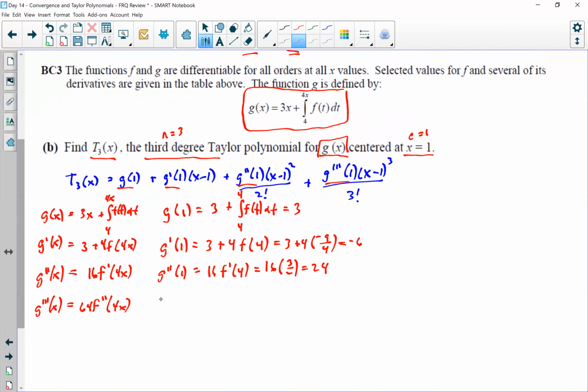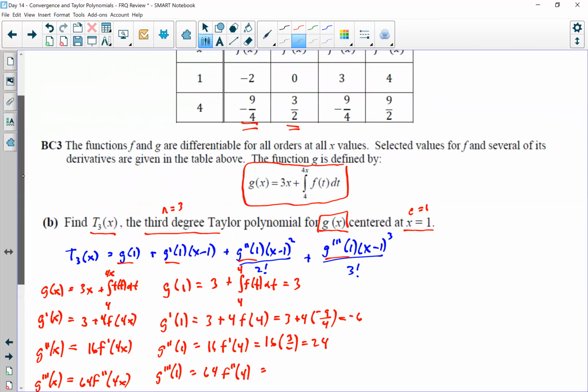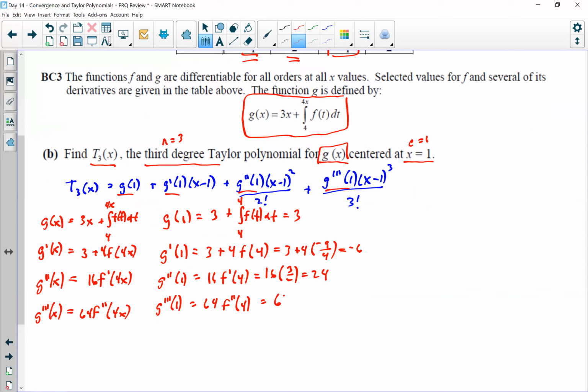And then the last one that we need here is going to be g triple prime of 1, which is now 64 times f double prime of 4. Well, looking at our table, f double prime of 4 is this negative 9/4 again. So that's going to be 64 times negative 9 over 4.